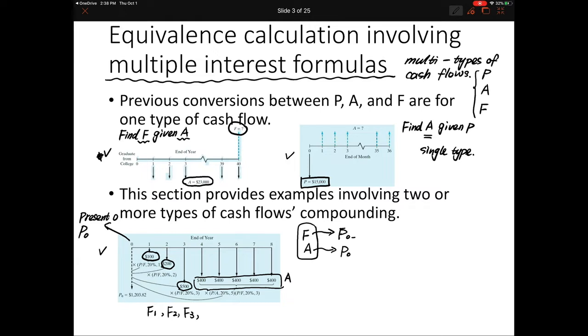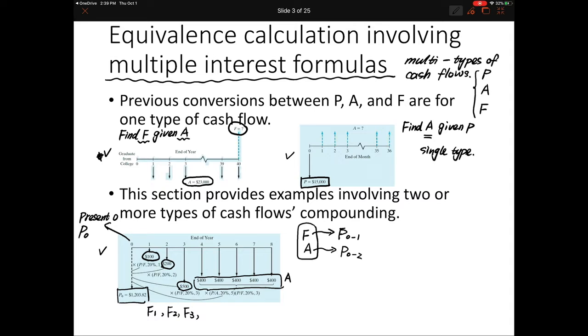And the present value from the future values, which is F1, F2, F3, we can say that's the first part of that present value. And the part of the present value converted from the annuity is going to be the second part.